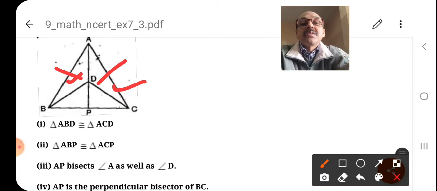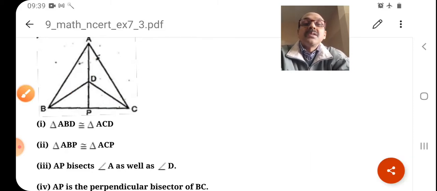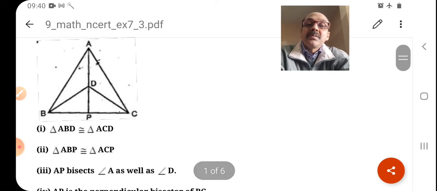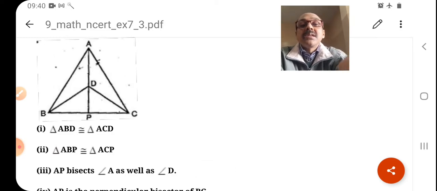And this is also given, BD equals CD, because triangle BCD is also isosceles, and AD is common.